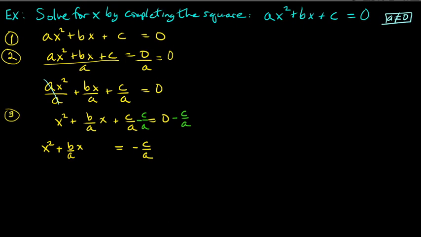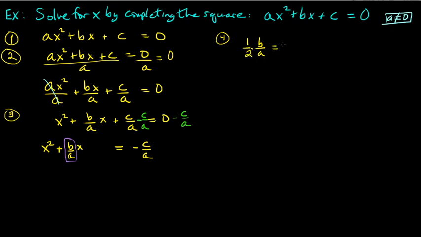Step 4 is to take the number in front of the x, and in this case, that's b over a. We do 2 things to it. We divide it by 2, which is the same thing as cutting it in half, so multiply by 1/2.